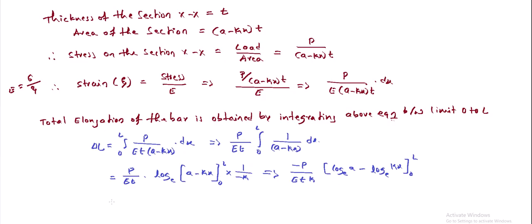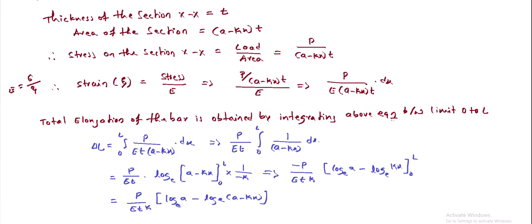So I will take this: P by ETK, log of A to the base e, it is always to the base e, minus log to the base e of A minus Kx. This is what I need to write over here.